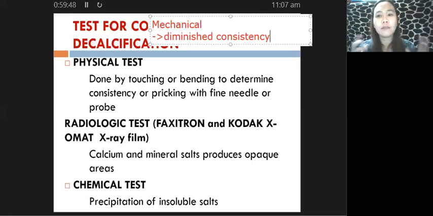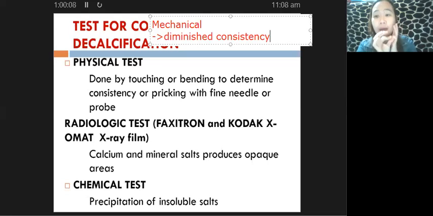Apart from that, the problem with your physical or mechanical test is the way we perform it. How do we perform it again? We bend. Bending is one of the ways by which we can perform this test.